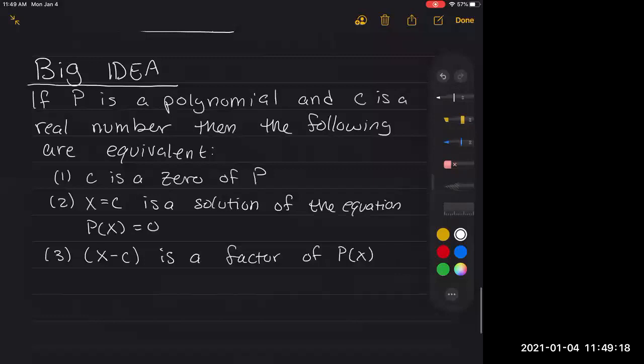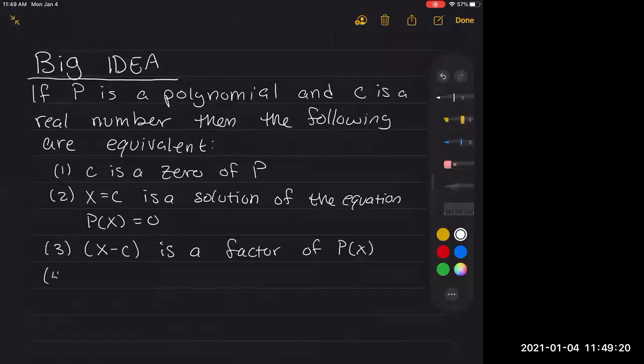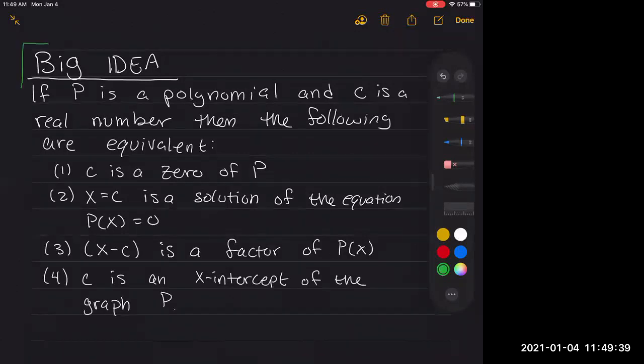And then 4, C is an x-intercept of the graph P. So this here is very important. All right, so let's do an example.